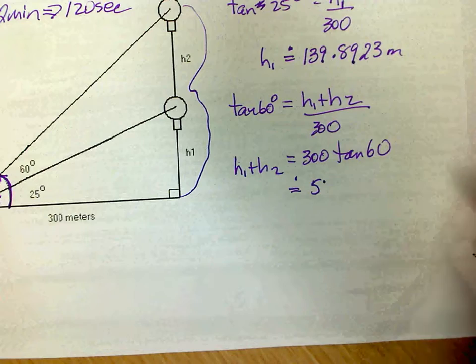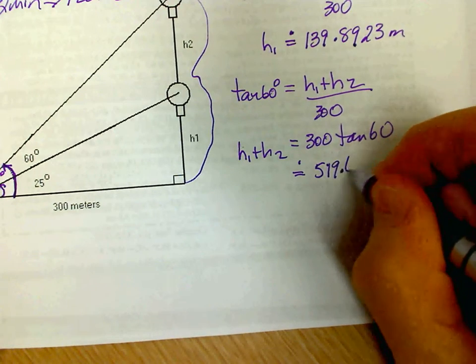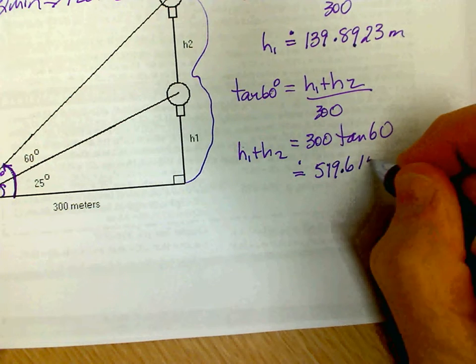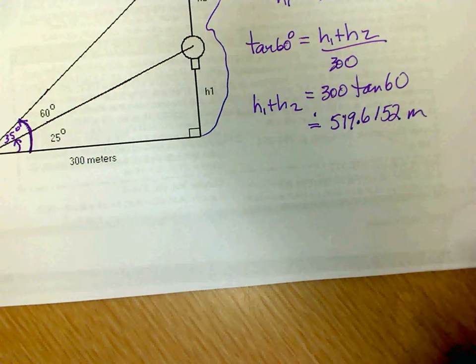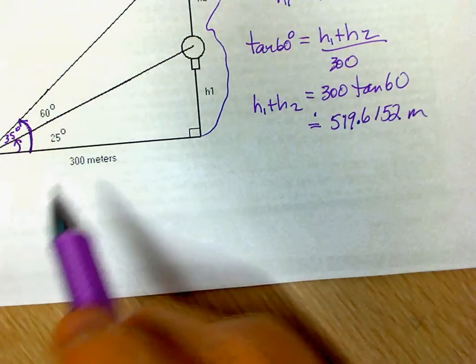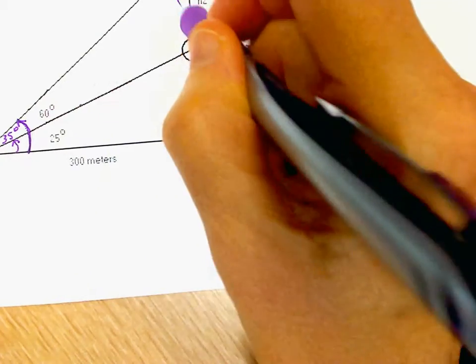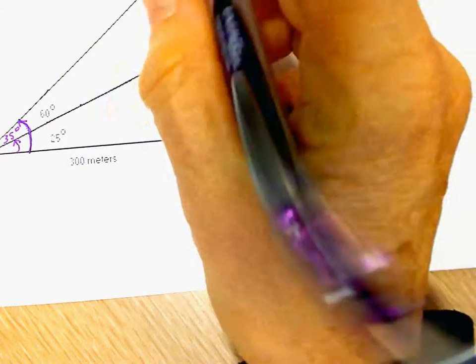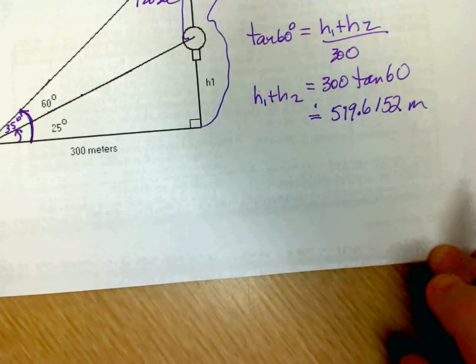So h1 plus h2 is 519.6152. So, from this point to this point took 120 seconds. So now we can calculate our speed per second.